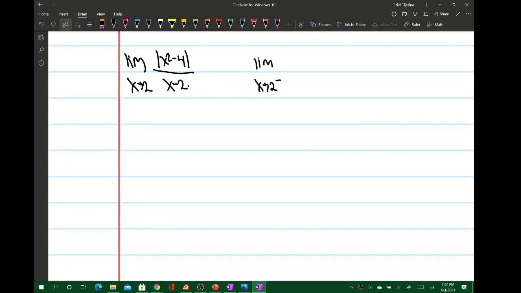Well, if I do the limit as x approaches 1.9 of the absolute value of 1.9 squared minus 4 over 1.9 minus 2, this is going to give me, let me see, hold on.